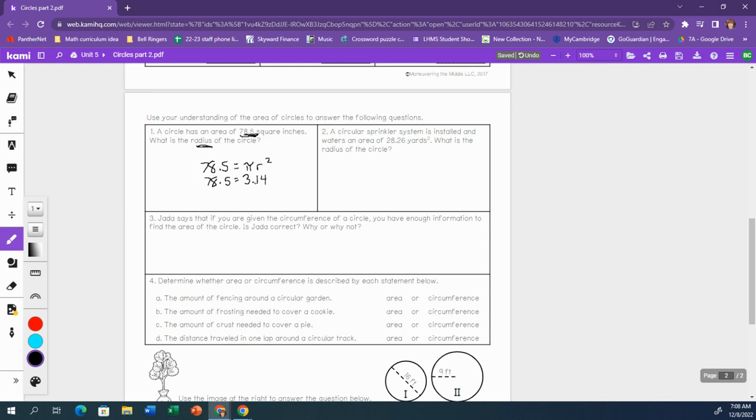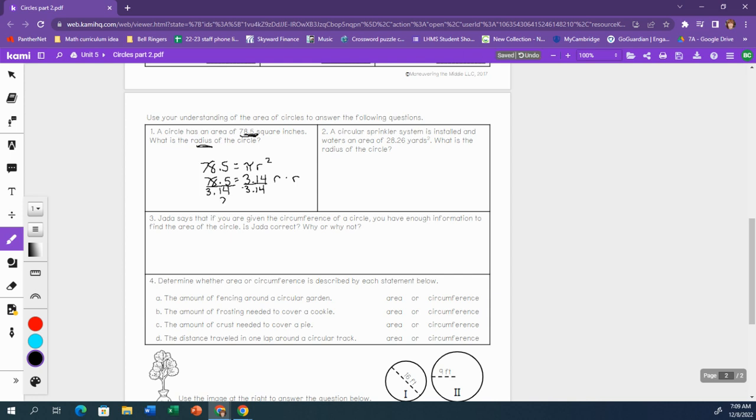I'm going to try to label this out for you a little bit better. 3.14 times r times r. Okay? So let's divide by 3.14. Divide by 3.14.